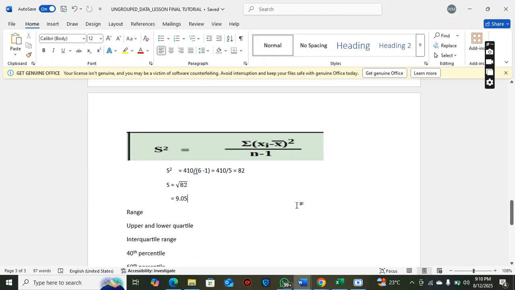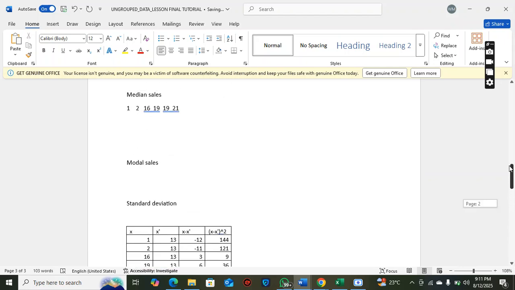The range is just the highest value, or the maximum, minus the smallest value, or the minimum. So you go to your data set. Our highest value was 21.